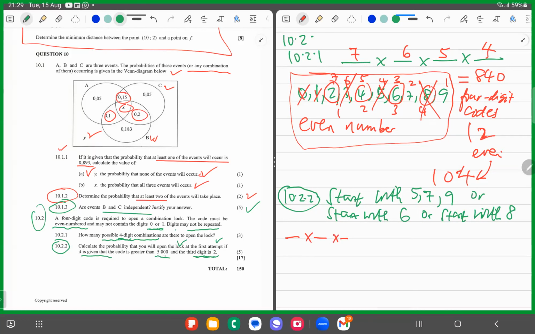How many digits does 5,000 have? 4. So you do 4 of these, like I did before. So you do 1, 2, 3, 4 places. Or in statistics there is plus and there is times.